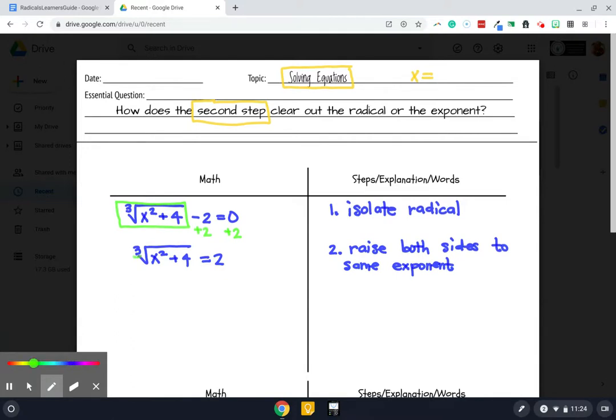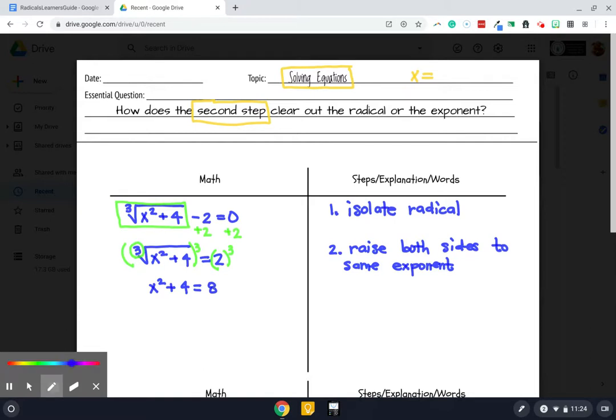The index I have is a 3, and so I am going to raise both sides to the third. And then the index of 3 will get to cancel the radical of 3, which is super helpful, because then I get x squared plus 4 equals 8. The reason it equals 8 is because 2 to the third is 8.